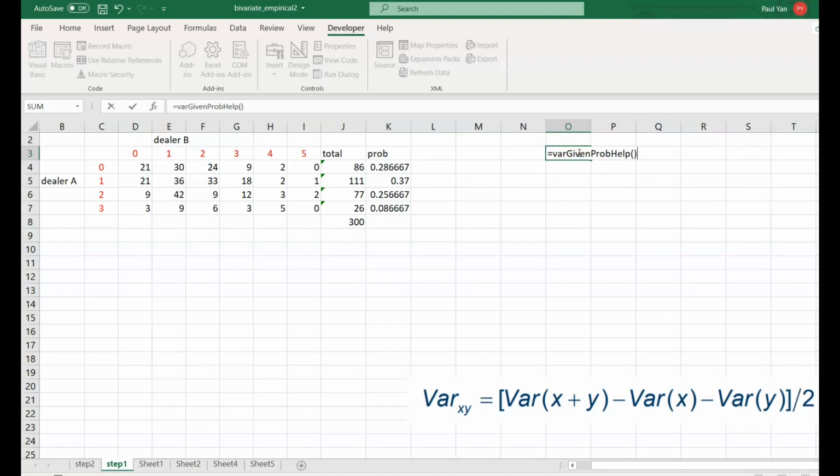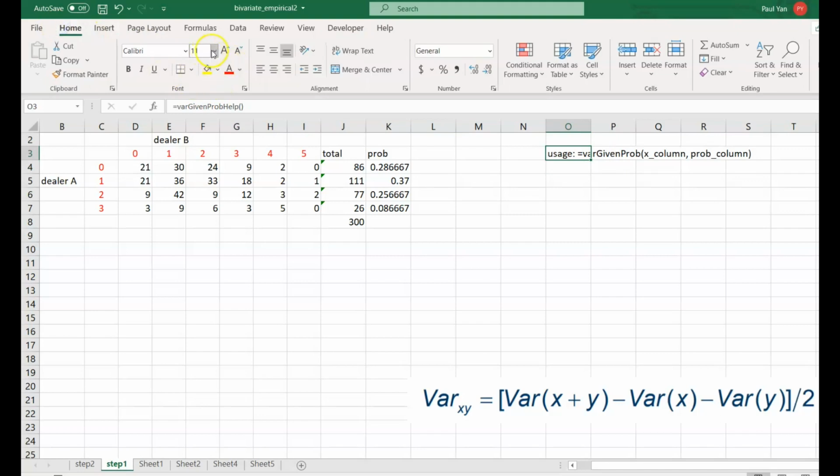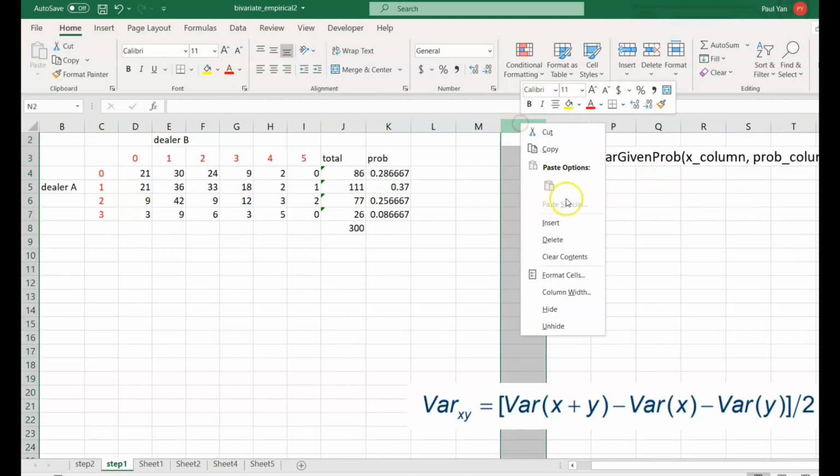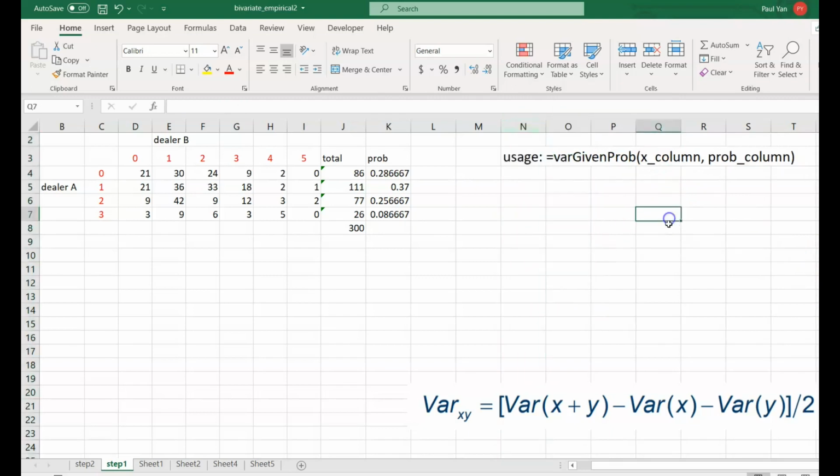Okay, so this is help, and make it bigger. So these are our functions. So VAR.GIVEN.PROB, so this is x colon, and this is probability colon.